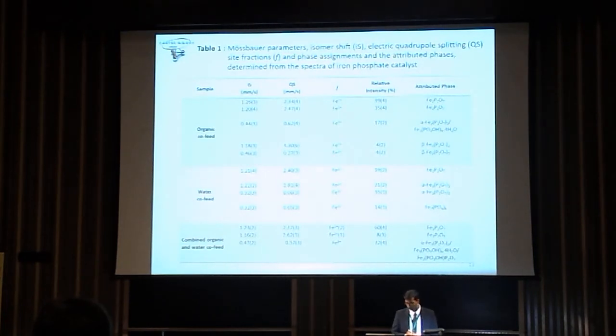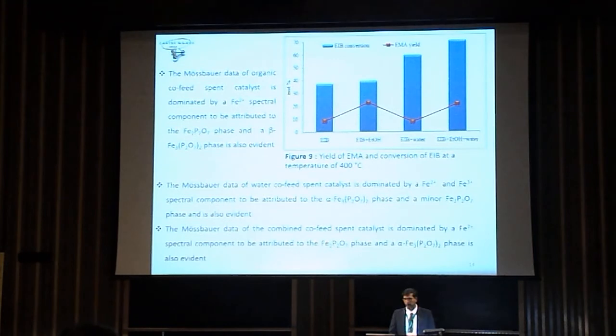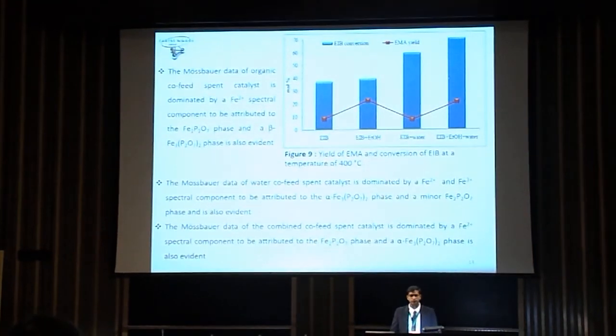And then the combined co-feed showed 60% of the iron pyrophosphate and 32% of the alpha phase, which exists with 3 other phases, but the oxidation state of iron is still +3. This is observed in the increase in the EID conversion, which increases the yield of the EMA compared to all the other ones when we're using the water and the ethanol co-feed, and with the ethanol too.